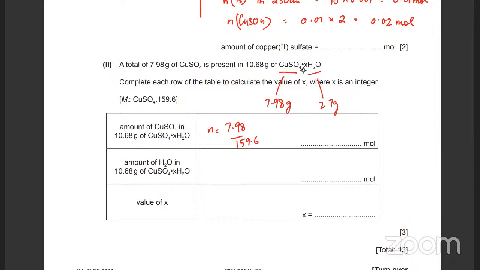Okay, and the next part is, what's the final answer? 0.05. Exact? Yes. So you're going to write 0.0500. Remember, your values are accurate up till 3 significant figures, so your answer should be accurate up till 3 significant figures as well.